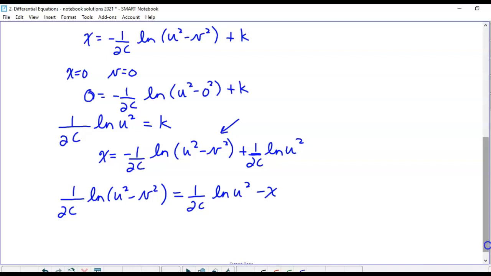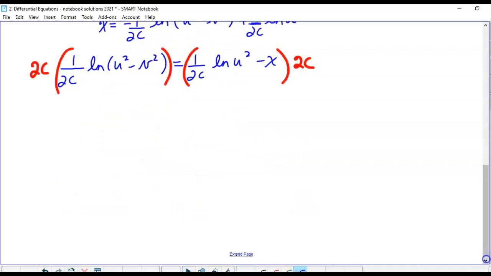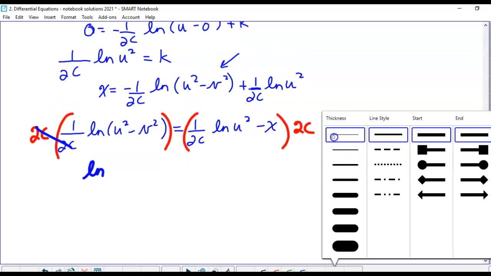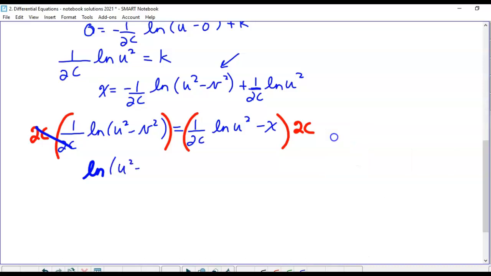So if I multiply through by 2c, both sides, then those divide out. I get ln of u squared minus v squared equals ln of u squared minus 2cx.